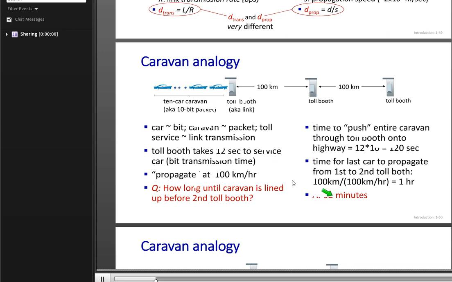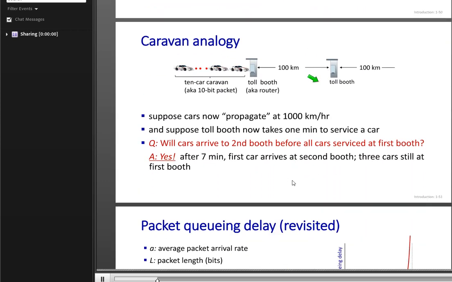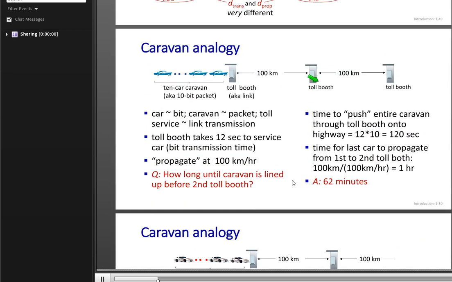We have 60 minutes for passing the highway and 2 minutes for entering the highway. So in total, we need 62 minutes to pass the caravan completely through this highway.